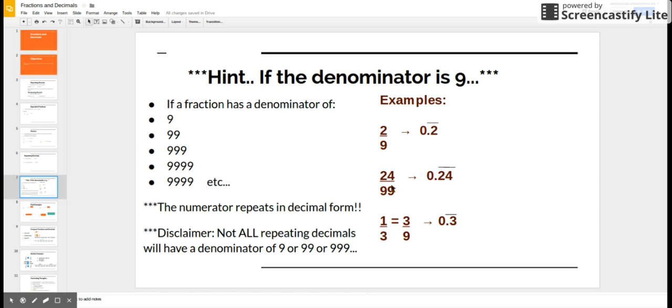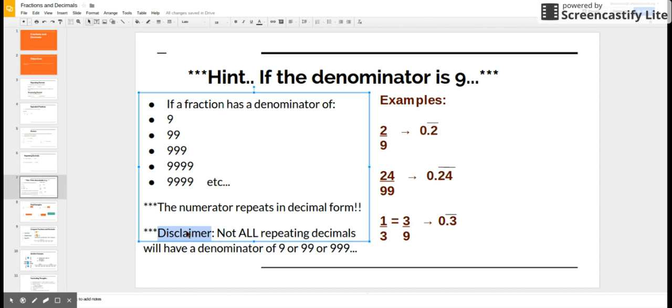If you had 24 over 99, your repeating digits would be 24. So it would be 0.24242424. Here we have 1/3, which you can make 3/9. If you do 3 times 3 to get 9, 1 times 3 to get 3, 1/3 is equivalent to 3/9. So here, in this case, it's 0.3 repeating.